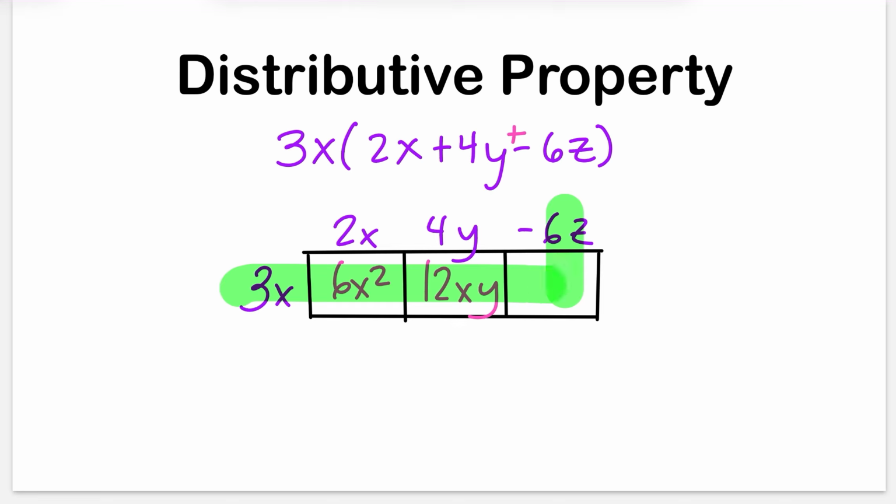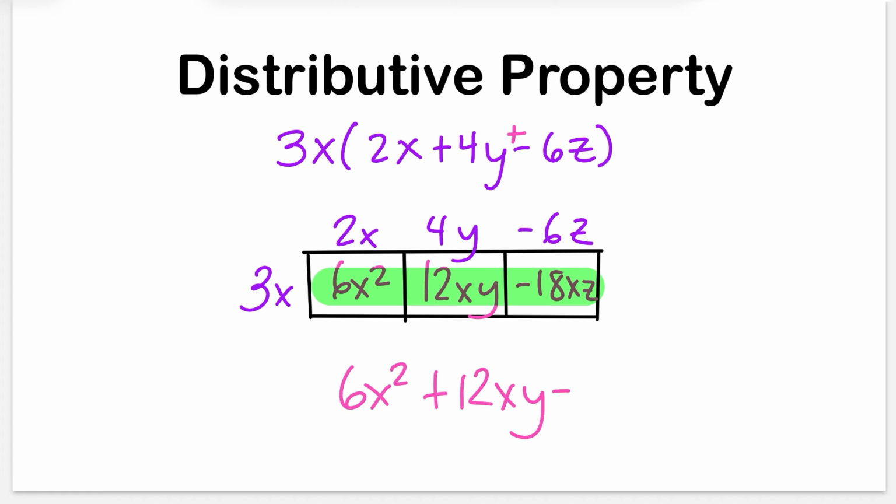And when we multiply the last term times 3x, we get negative 18xz. Inside the array is the answer. So we'll write that down here, 6x squared plus 12xy minus 18xz.